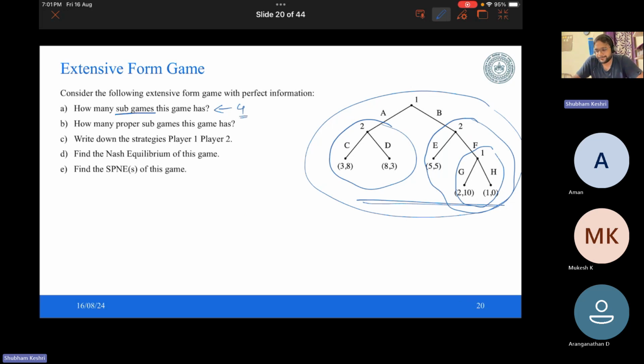Is this clear? There are 3 proper subgames in this game because we exclude the whole game. Now tell me the strategies for player 1 and for player 2. Please help me with this.